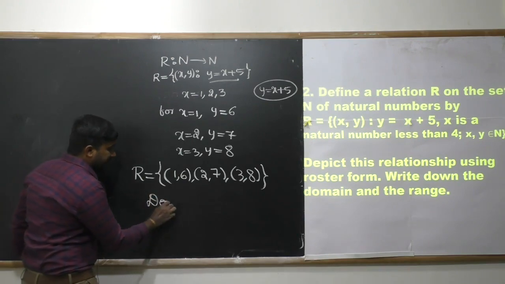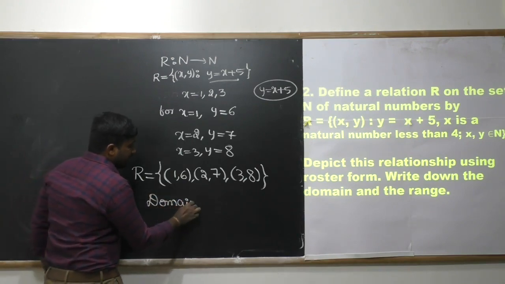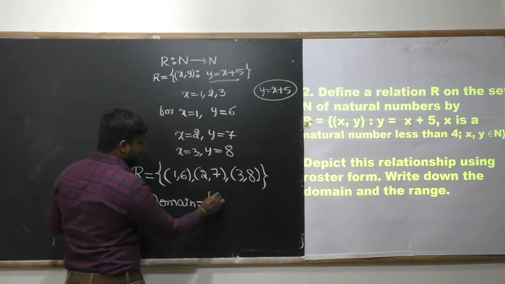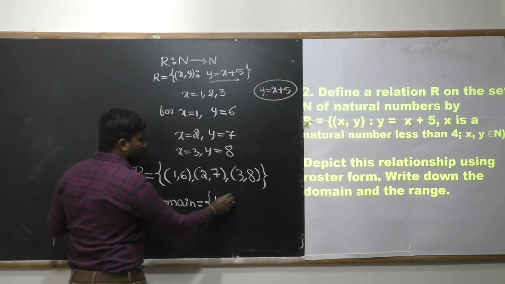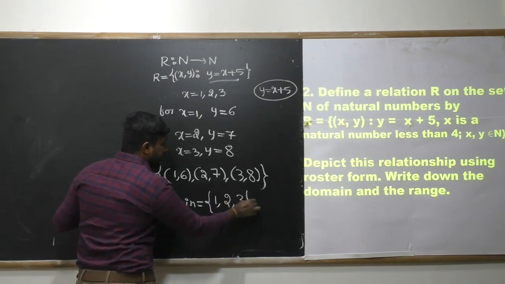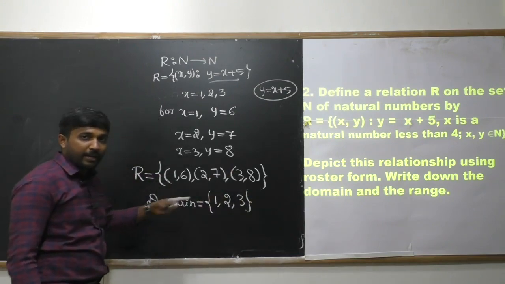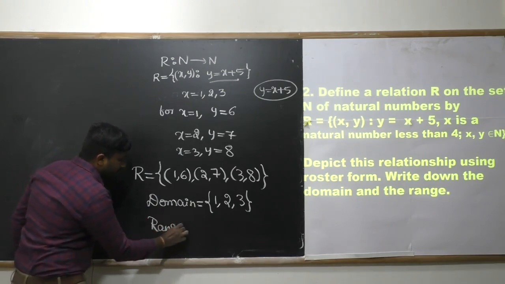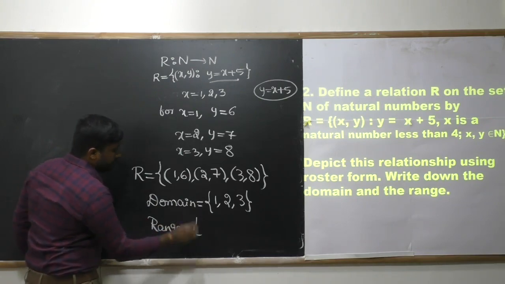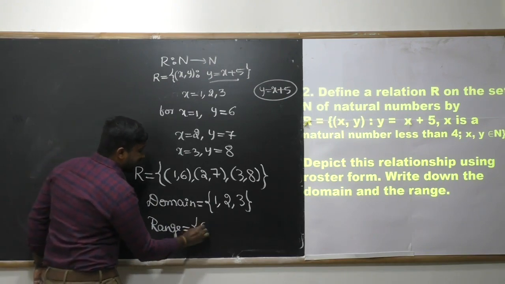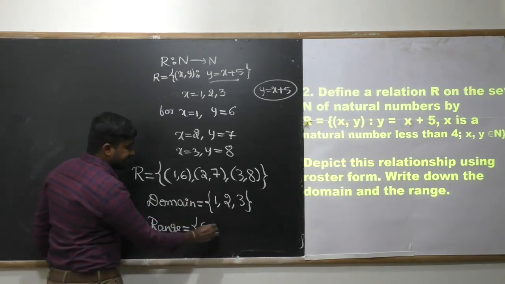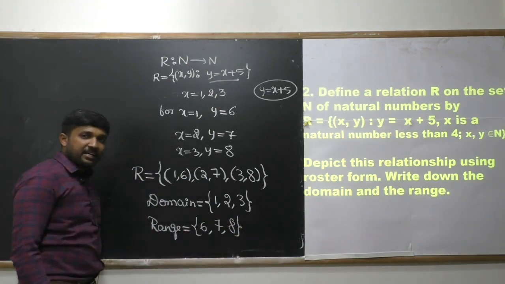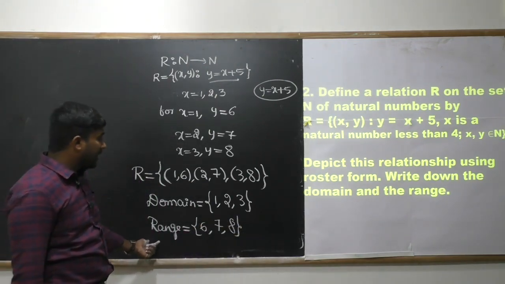Domain of the relation R is the set of first elements. First elements are 1, 2, 3. Within a set only you have to write flower brackets. Next, range. Range is equal to the set with second elements of the ordered pairs, 6, 7, 8. It is the range of the relation R.